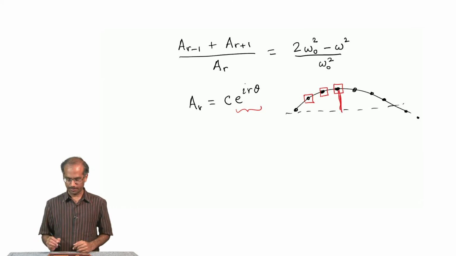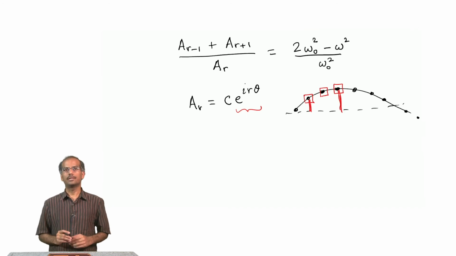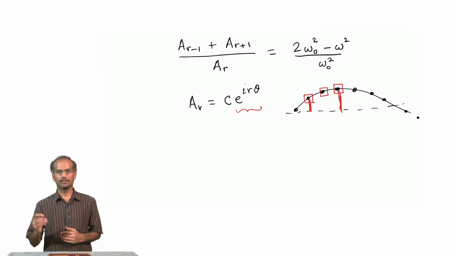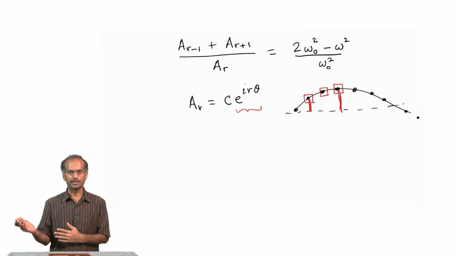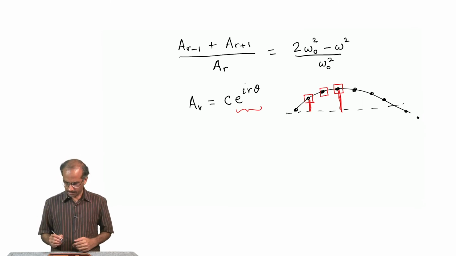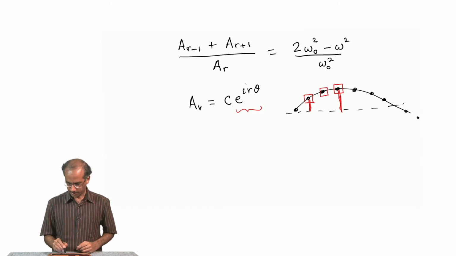But at some other points, let us say for instance in this case, the amplitude is smaller than any other particles, at least these two particles. So, it is a reasonable assumption to make.